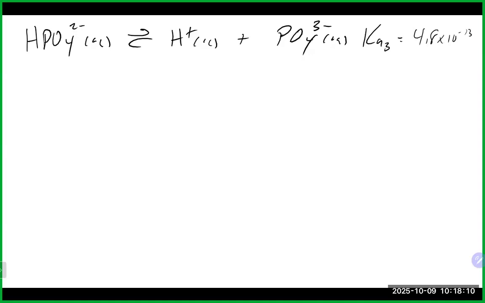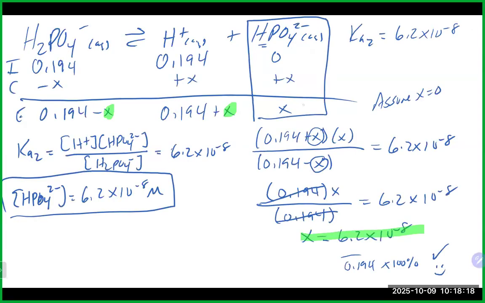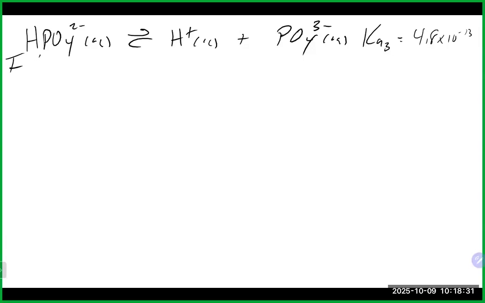Once again, just like in the previous table, we have an initial amount of our HPO4 2-, coming right here. So again, we use the equilibrium concentration we got on the previous step as our initial concentration, which is this number here, 6.2 times 10 to the minus 8.